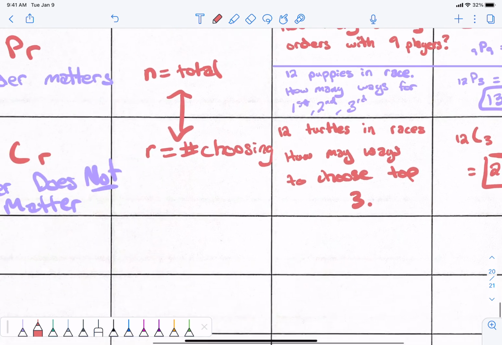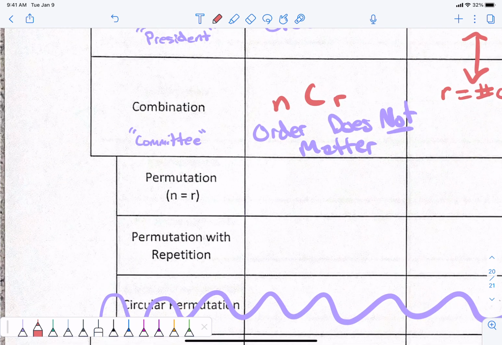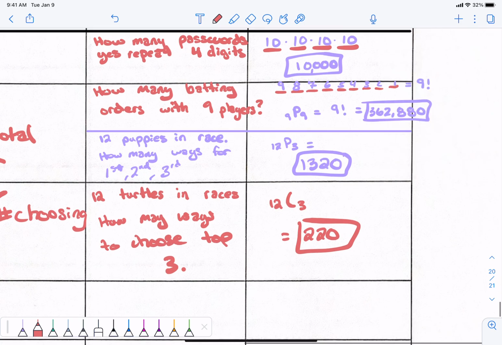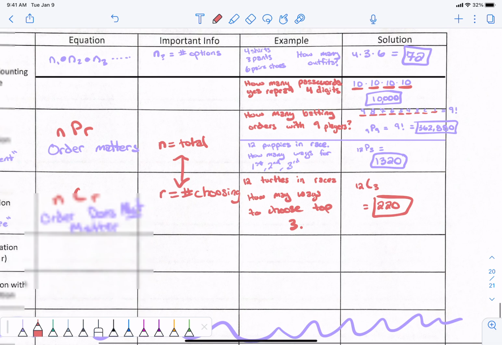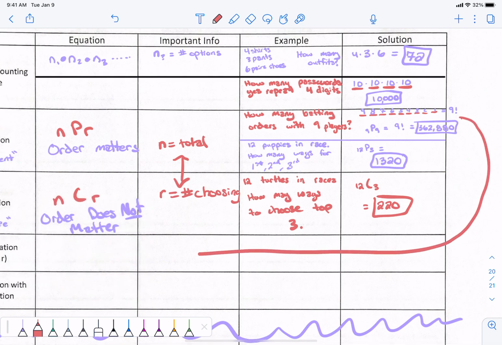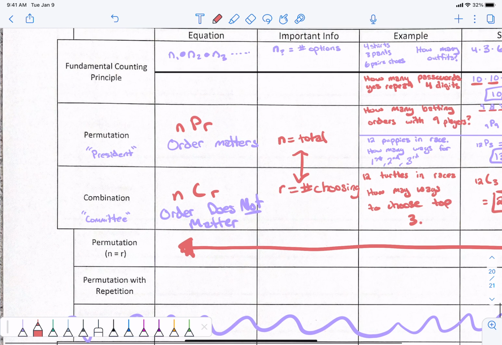All right. Moving on. Oh, shoot. I got ahead of myself. We separated the permutation 1 into 2, because I give you a space for that right here. Now we don't have to do those. We don't have to do n equals r. N equals r would be like choosing 9 when you have 9, like the batting order example that I just gave.